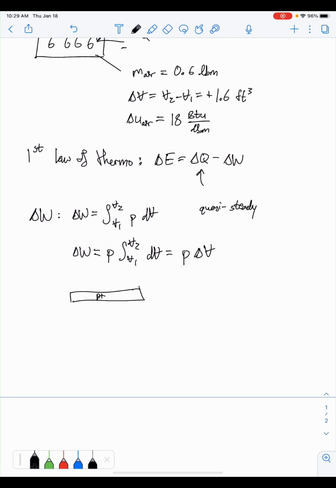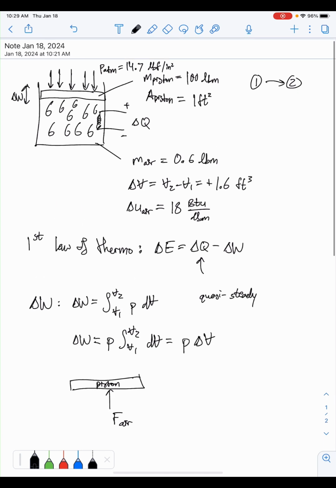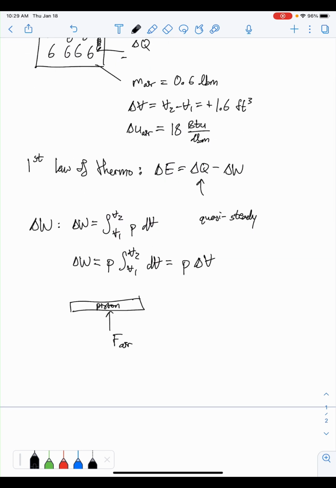So here's our piston. What forces are acting on it? One example is force from the air, the trapped compressed air that's pushing up towards the piston, causing some form of resistance. And what is it exactly resisting against? One form of that is the force from the atmosphere, as well as the weight of the piston itself.